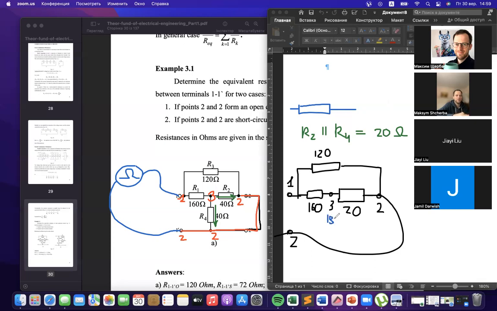Resistivity instead of these two, and 180 in parallel to 120. You could transform the formula in a simpler, more comfortable way.